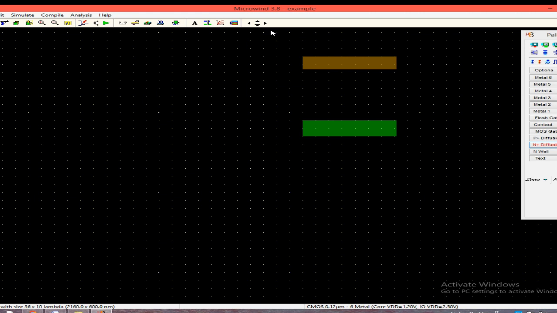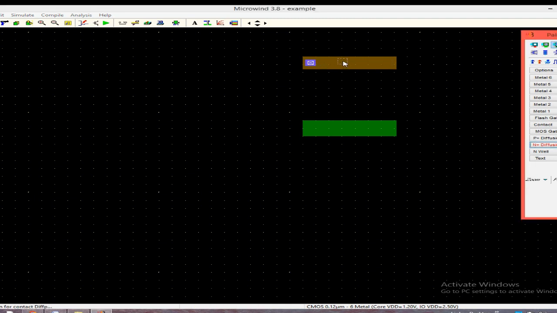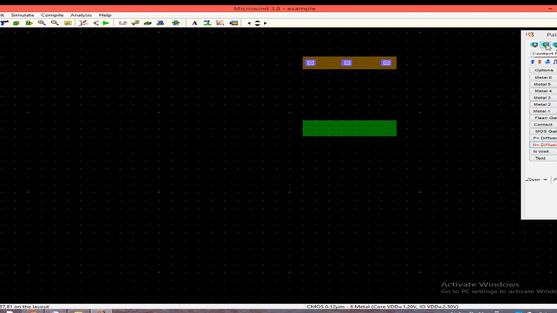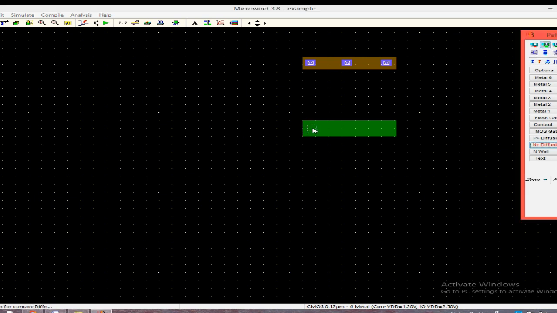For the P diffusion we will put a P metal contact over here. Three metal contacts we are going to put. For the N diffusion we are going to put N metal contacts over here.